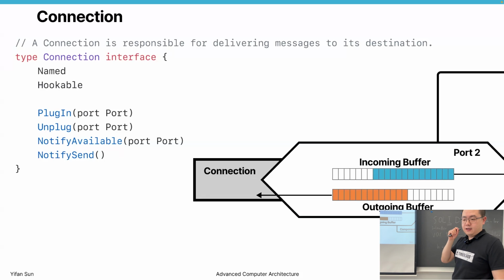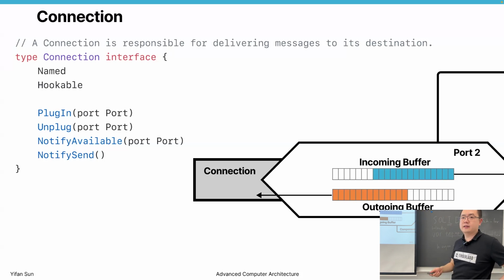Again, a connection can connect many ports, and because we have the source and destination, it can send from any source to any destination as long as they're connected to this connection. But a port must work with only one connection. It cannot also go with another connection.